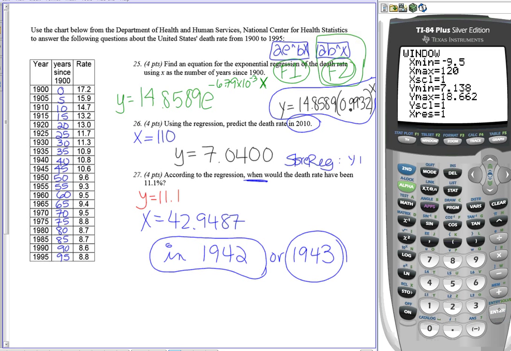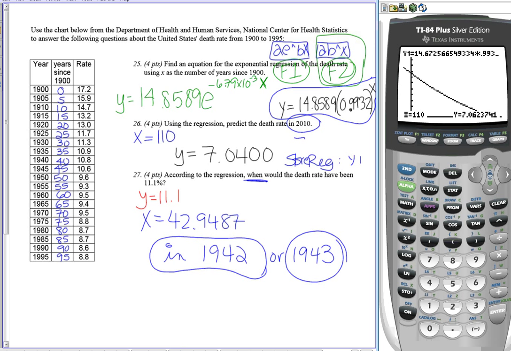And then I can go to trace again and type in 110. The other thing I could have done is gone to the table and plugged it in there instead. But this worked, and you can see this calculator is giving me 7.0623. My Casio had given me 7.0400.